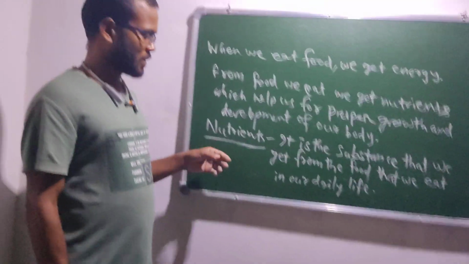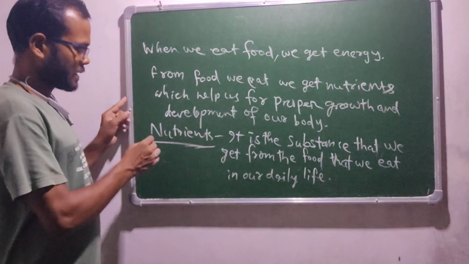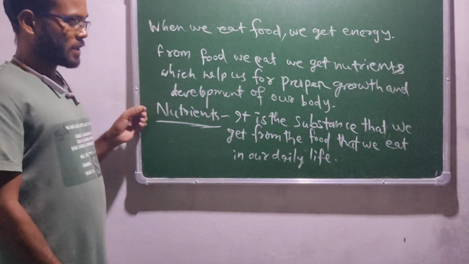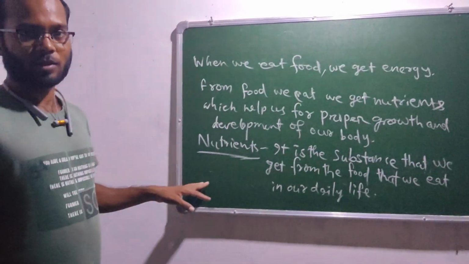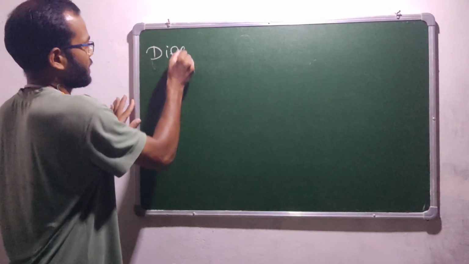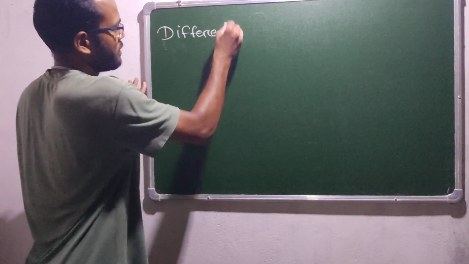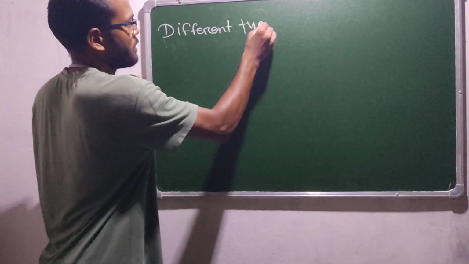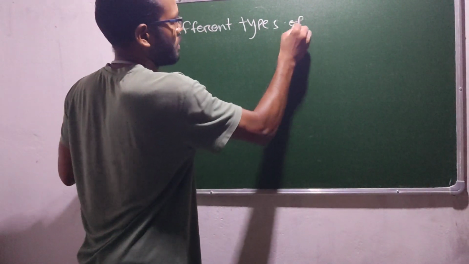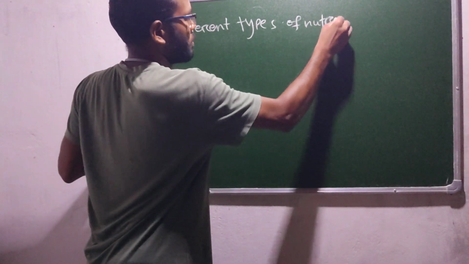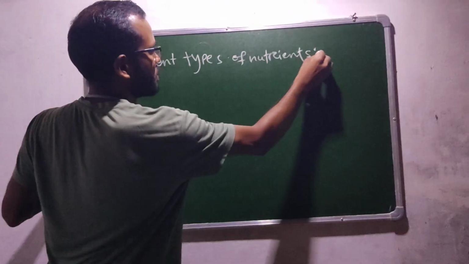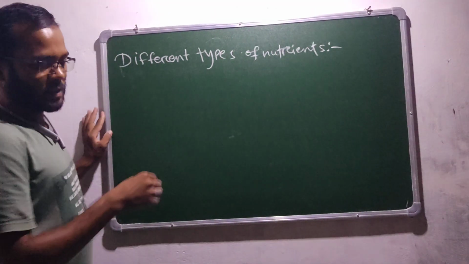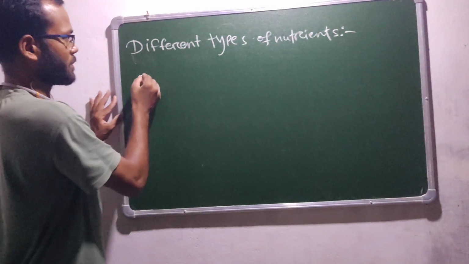Next topic, we are going to discuss the different types of nutrients that are contained in food. Just pause the video for a second. The different types of nutrients. We have already read about it, but we have to discuss it since it is in this chapter.